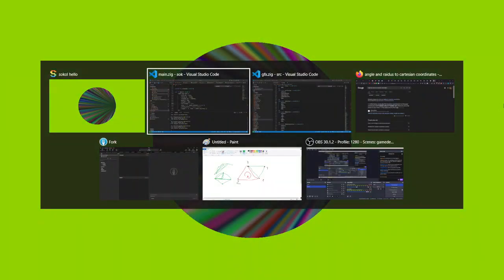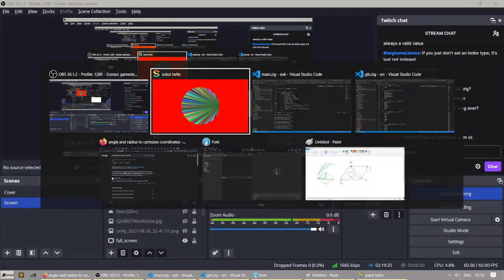I hope you can see this on stream, or maybe not. I am actually wondering if you can see it. Can you see it on stream? Because I'm not sure if this is using the integrated card or the GPU. If this is using the dedicated GPU, oh my god, Sokol is the best. Please tell me, can you see the flag, or do you see the code?